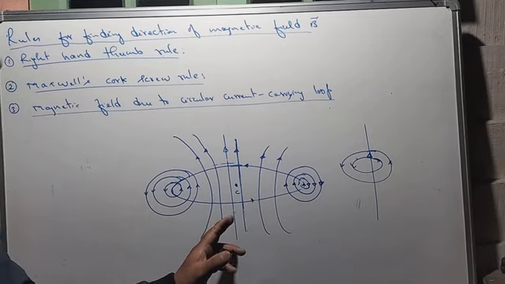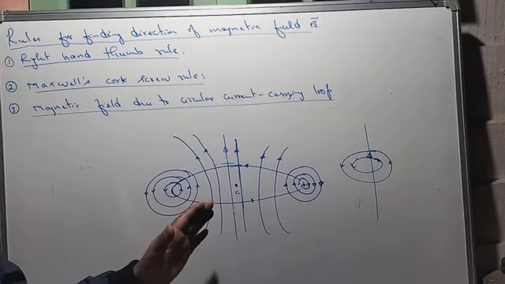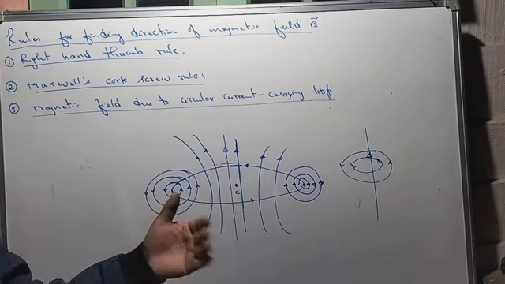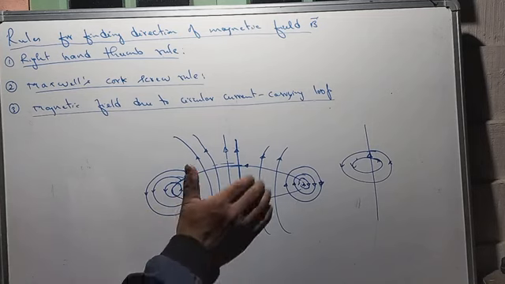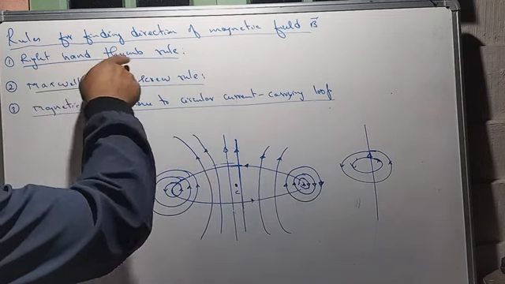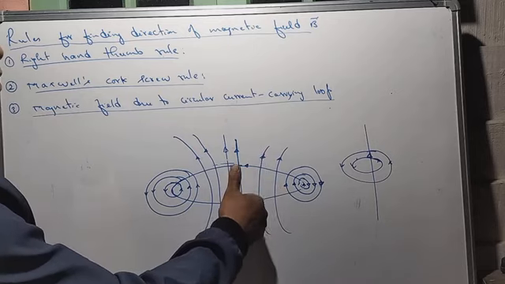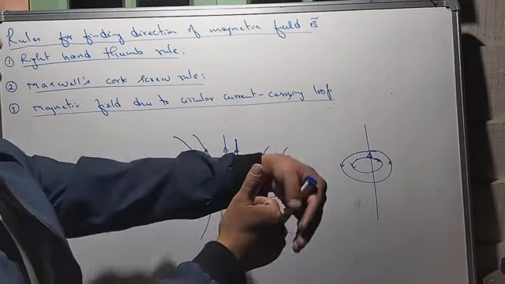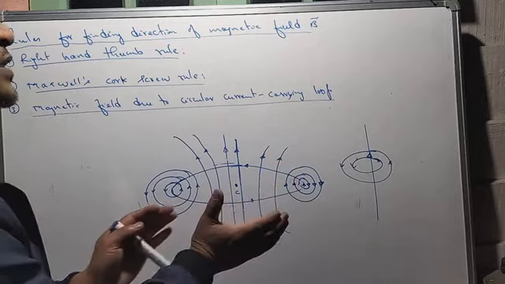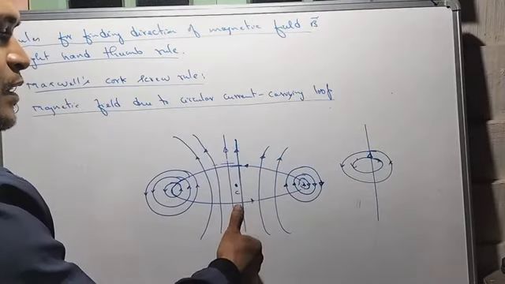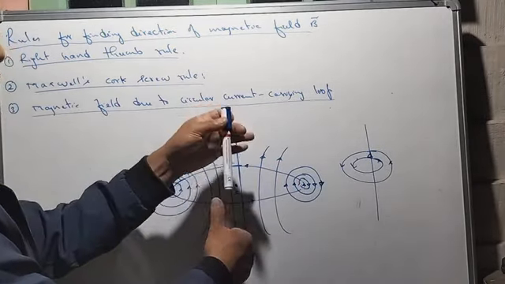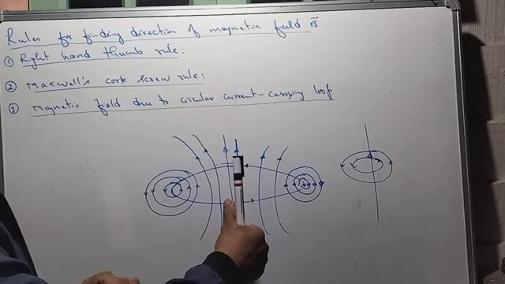At the center of the loop, to determine its direction due to a circular current carrying loop, we can again use the right hand thumb rule. According to this rule, at the center of the loop, if my curled fingers represent the direction of current, then this thumb is like the axis of the loop.